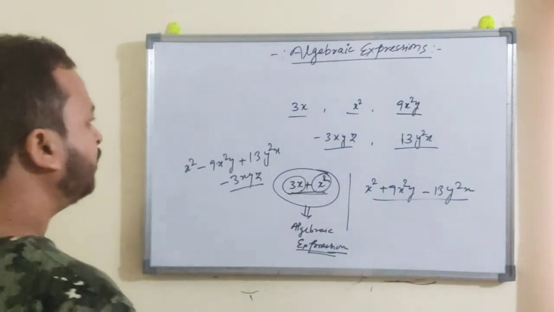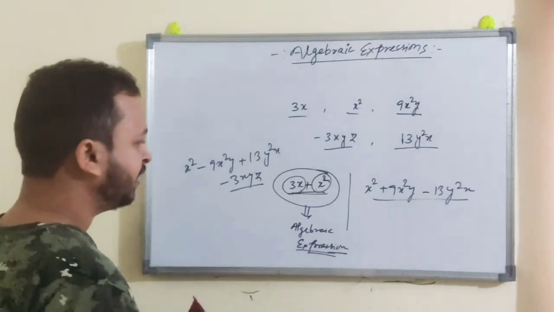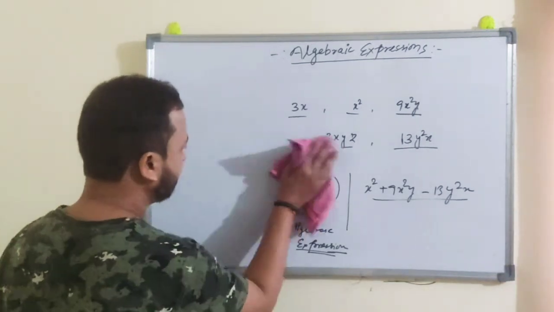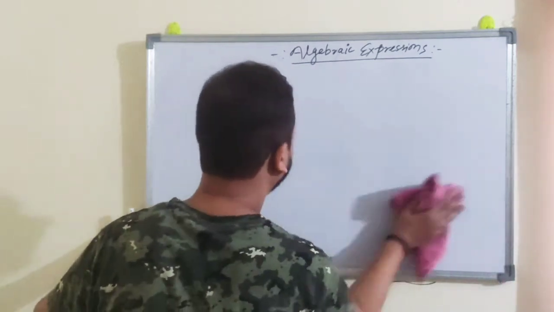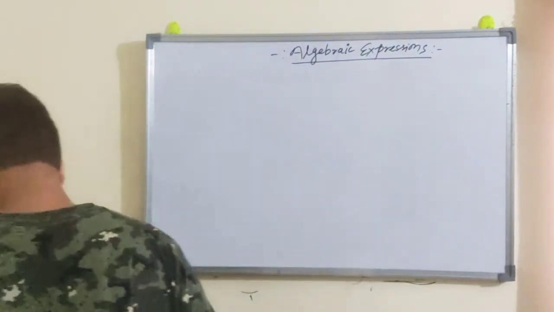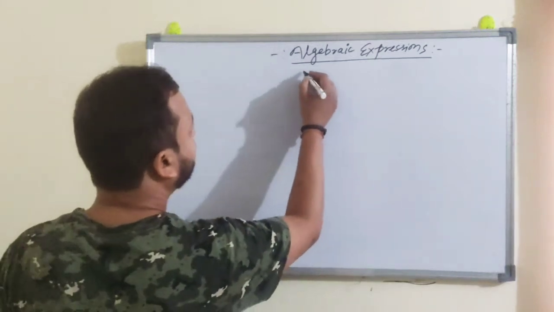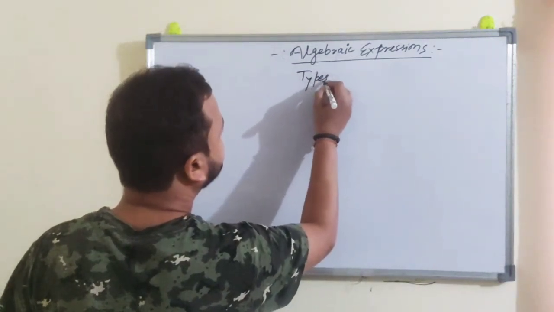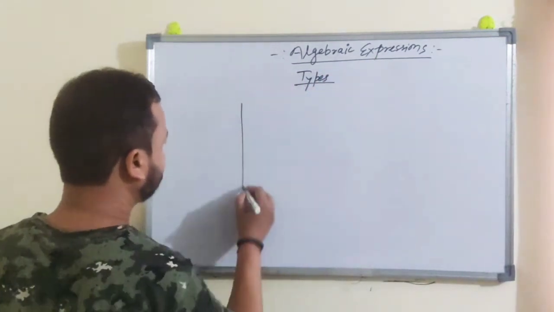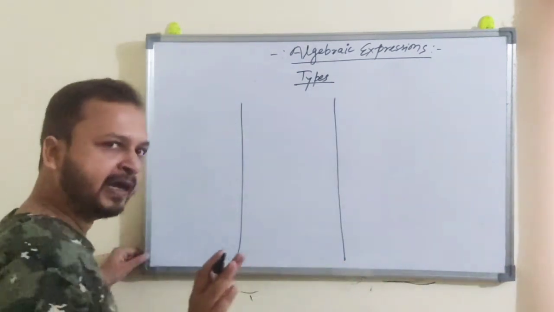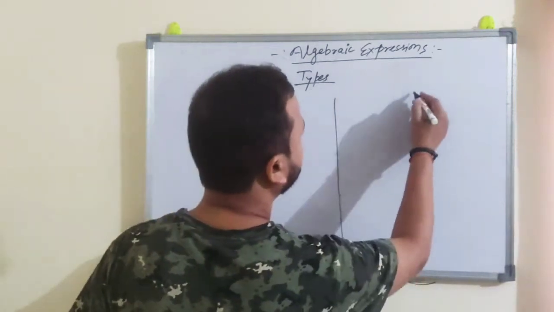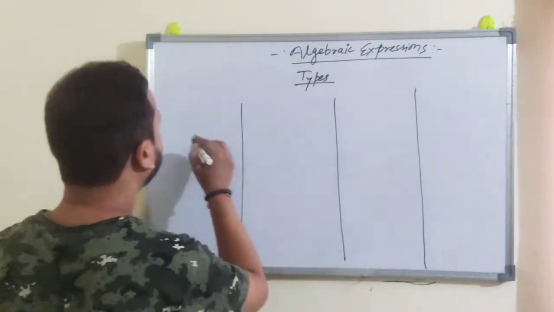So now we are going to talk about the types of algebraic expressions. There are basically 3 types, right? But in your book it is given as 4 types.